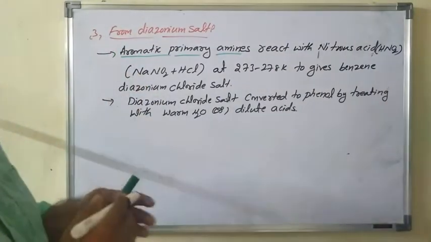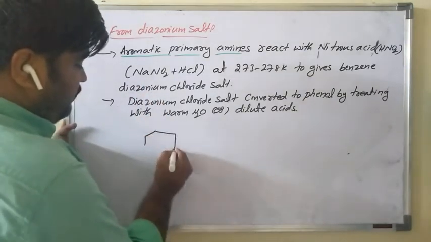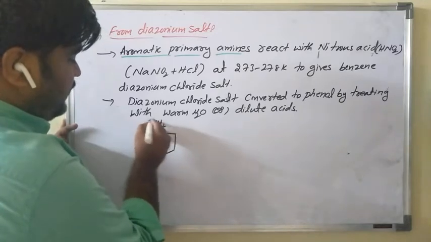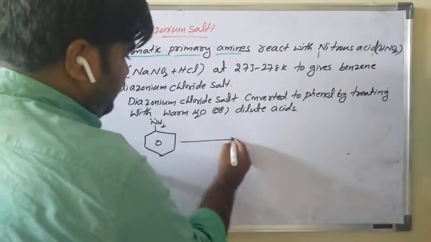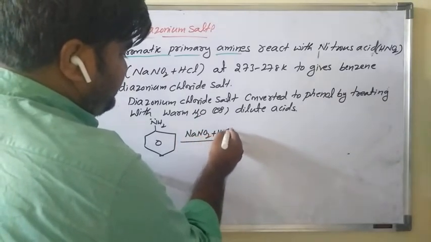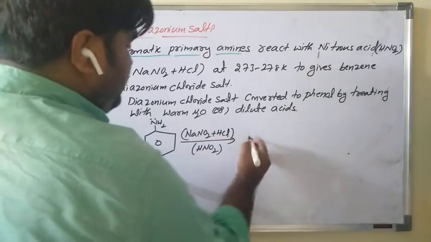See, this is very important: diazonium, primary aromatic amines. See, aniline treated with what? Sodium nitrite plus HCl gives what? Nitrous acid, HNO2. To produce what?